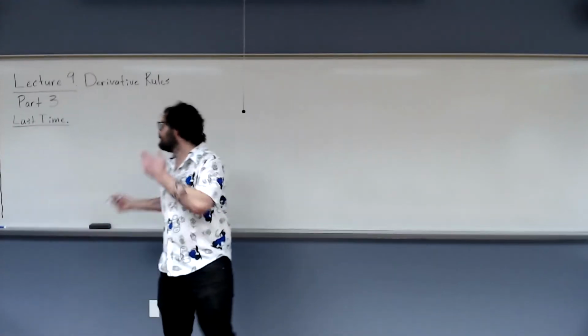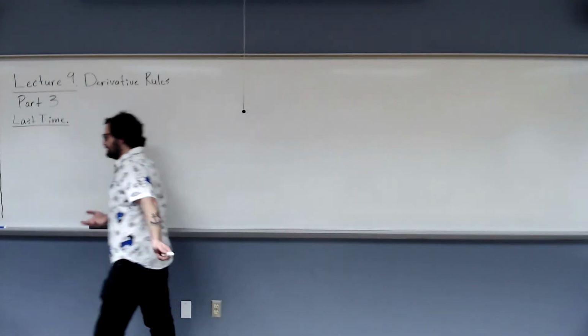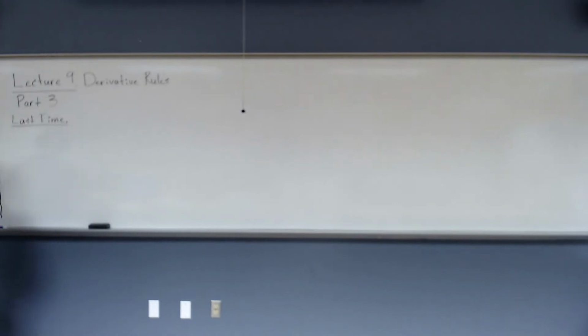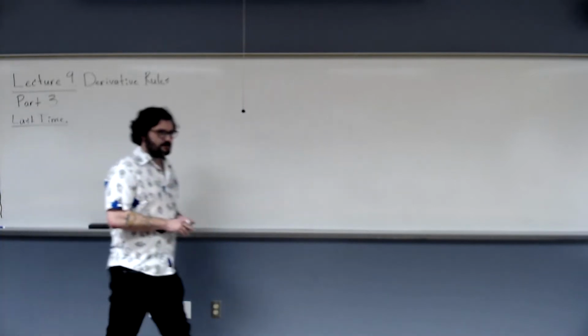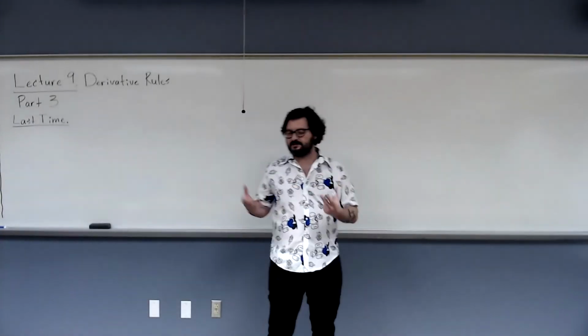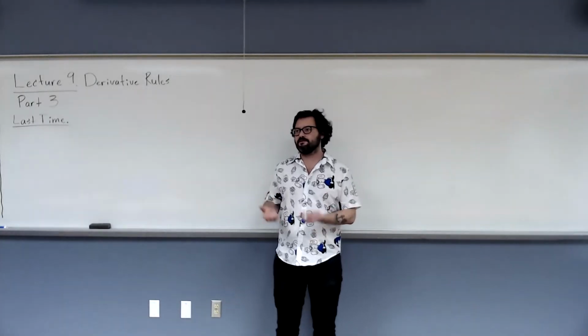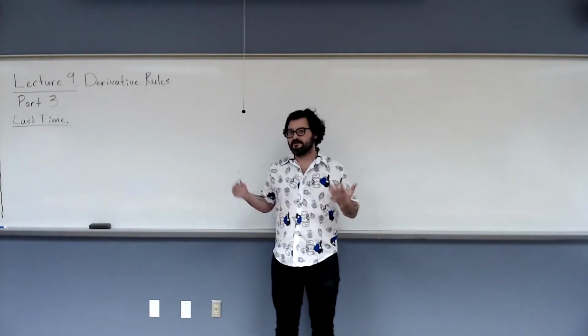All right, so welcome back to part 3 of our little mini series on the rules for differentiation. In the previous 2 lectures, we talked about the fundamental basic properties of taking the derivative of a function, provided that derivative exists.